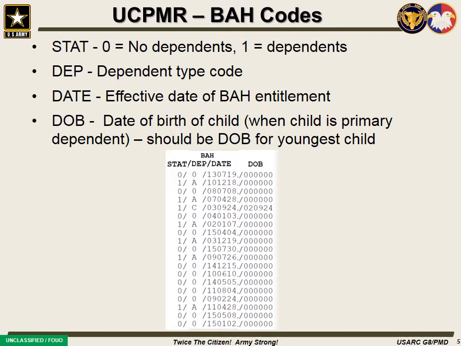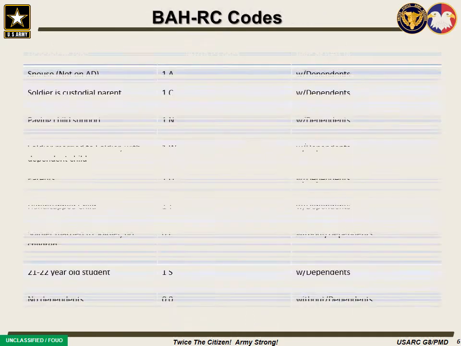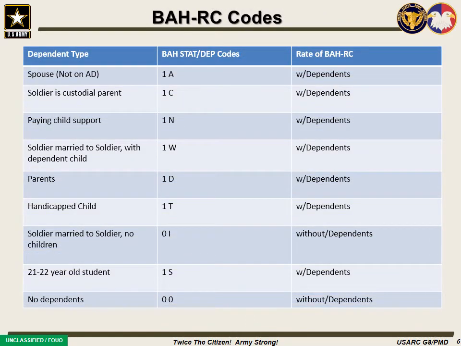This should be the date of birth of the youngest child. The next slide depicts typical BAH status and dependent codes. This chart lists the BAH RC codes used by the pay system and the BAH rates associated with those codes. You can find these codes in the USAR Pamphlet 37-1, Appendix G and I.